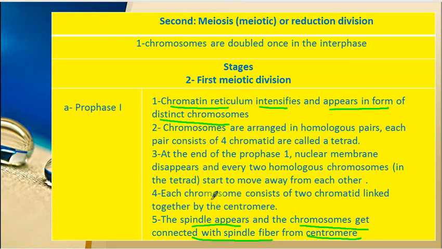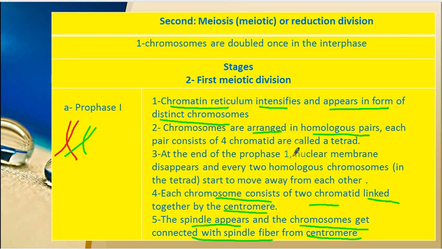Also, each chromosome consists of two chromatids, as happens in mitosis, linked together by the centromere. The difference here is that chromosomes are arranged in homologous pairs, two chromosomes beside each other. For example, a chromosome like that, and another chromosome like that.